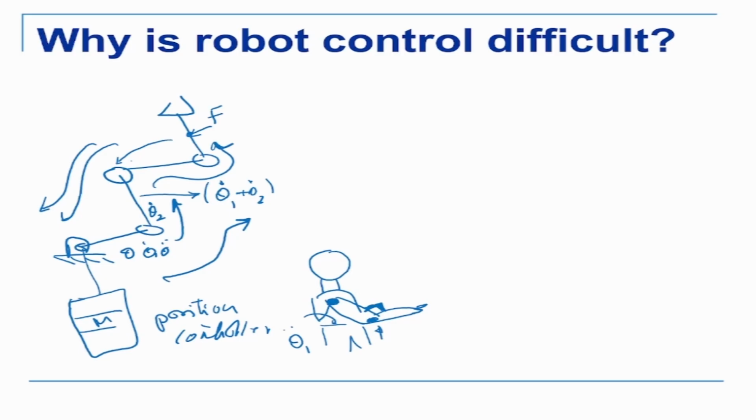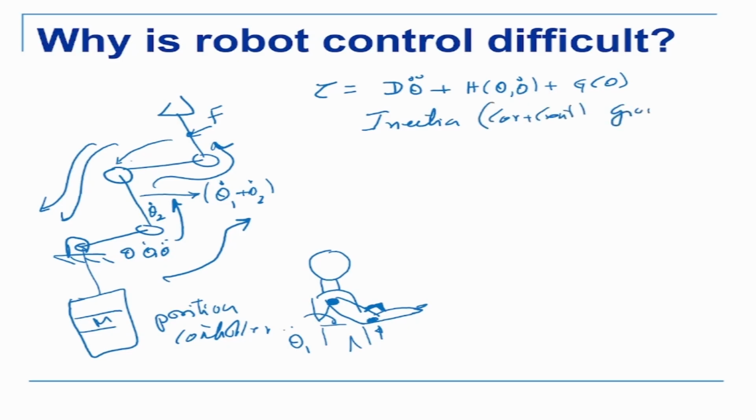If I write my dynamic equation, the total equation is equal to the inertia forces plus Coriolis and centrifugal force plus gravity force. So this is inertia forces, this is Coriolis plus centrifugal force, and this is my gravity force. All of these forces, and if there are external forces, it will become J transpose F. So all of this would act as a disturbance on your system.